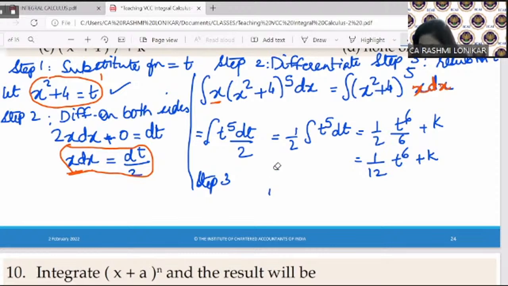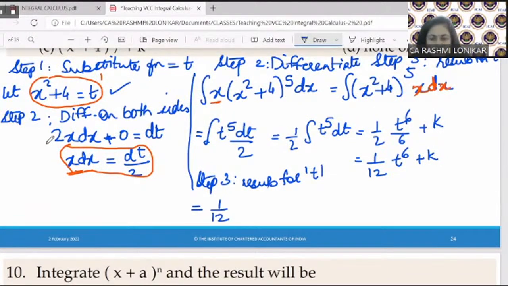Step 3 is resubstitute for t. So I get 1 upon 12, and instead of t, I write x square plus 4, raised to 6, plus k.